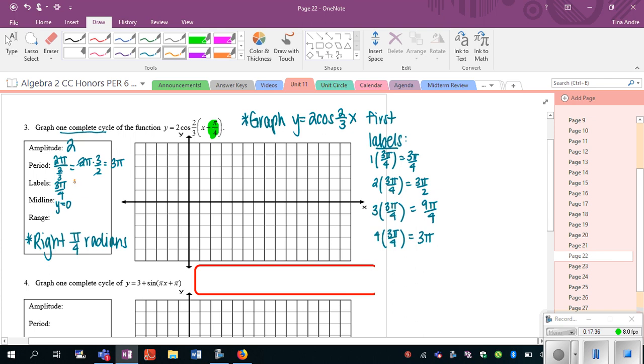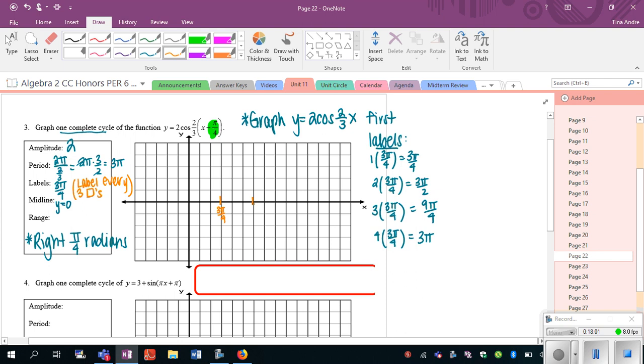So I'm going to write label every 3 boxes. That's going to allow us to do our shift. If I label every 3 boxes here, and this first interval is 3 pi over 4, that means each of these individual boxes is actually pi over 4. So that's how we want to handle this so that we can actually do the shift.